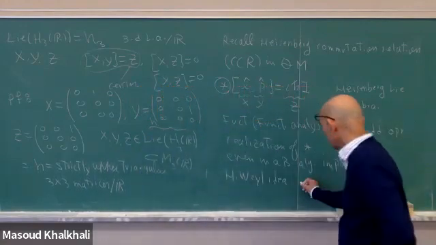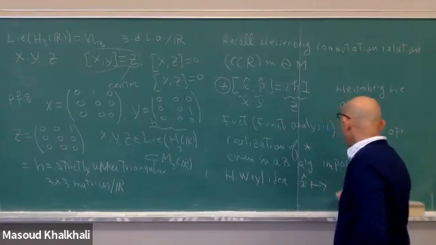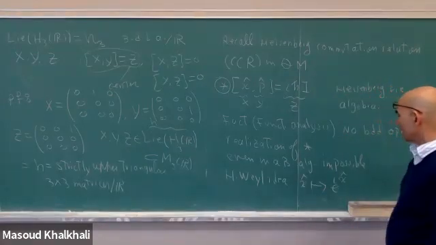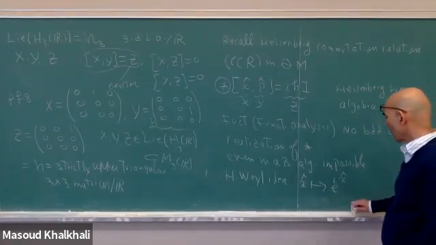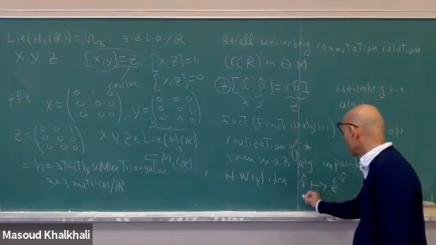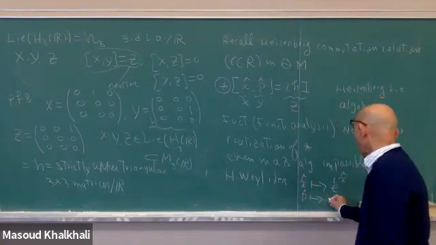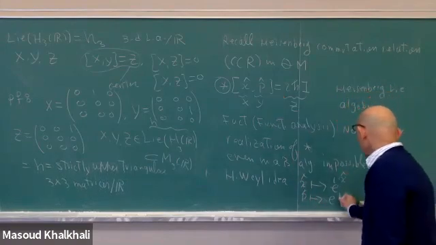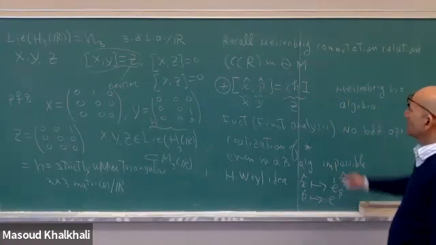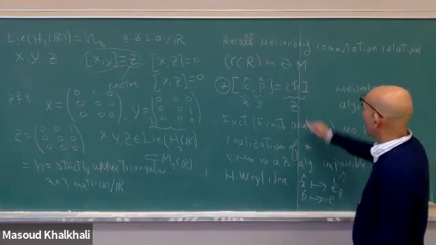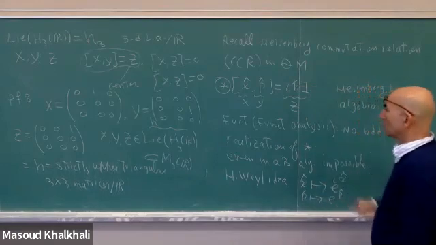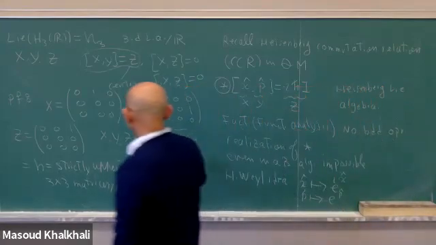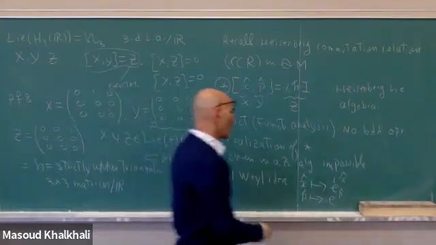So you just replace x hat by e to the i x hat, this operator, and p hat, which is self-adjoint, by the exponential of it. Then you can show that these satisfy the relations for the Heisenberg group, which I did not write.